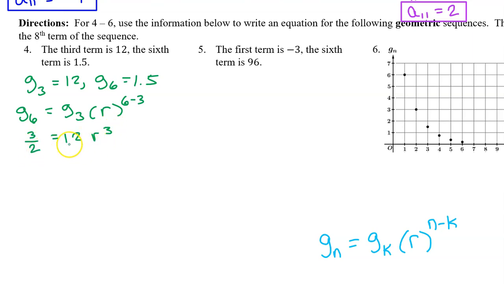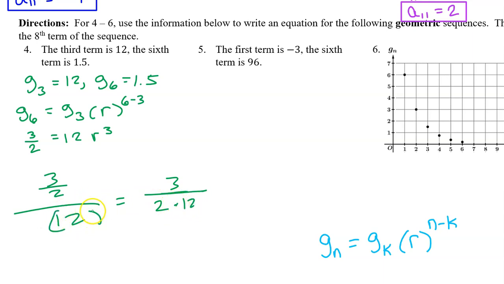Dividing both sides by 12 means if I want to divide 3 over 2 by 12, that's the same thing as 3 over 2 times 12. Dividing by 12 is the same as putting that 12 into the denominator with the 2. So that's going to be 3 over 24.